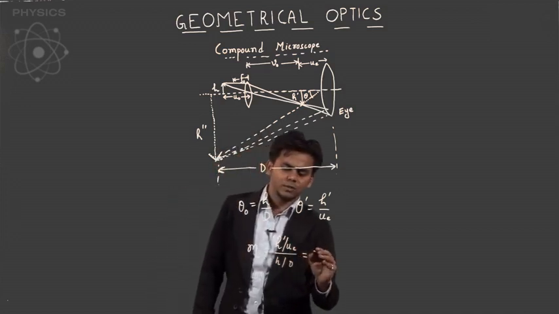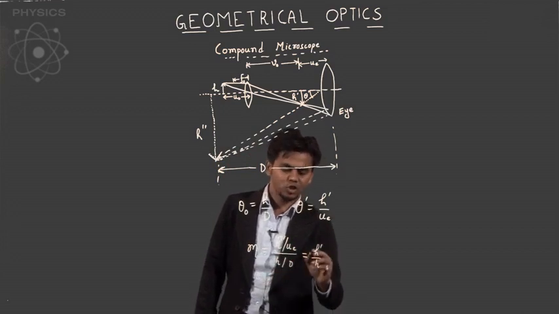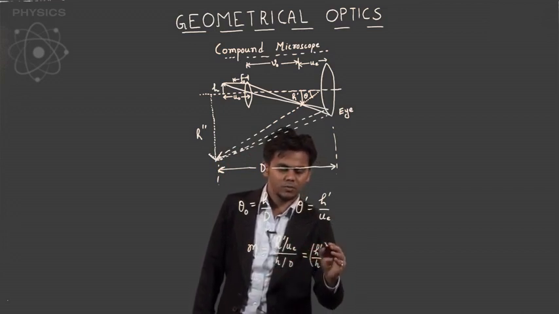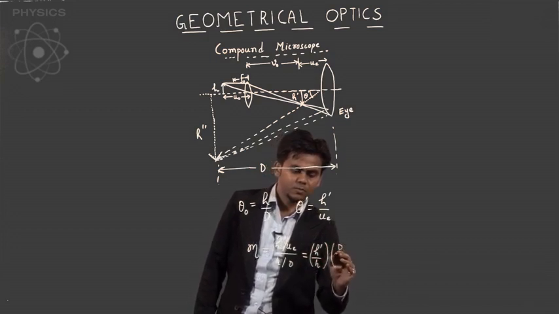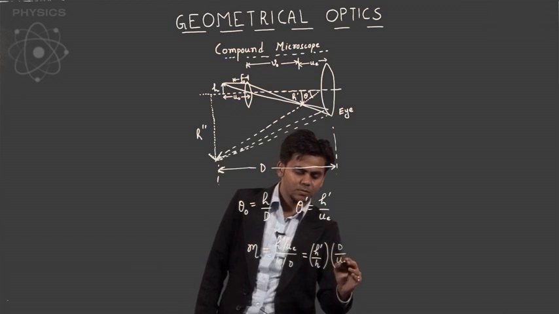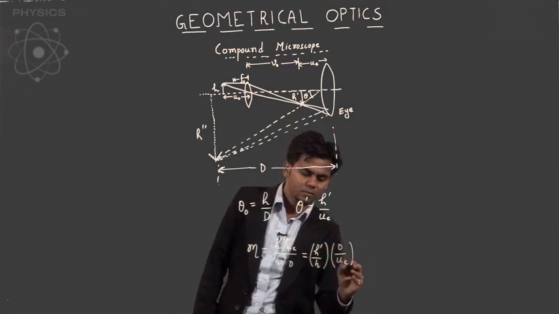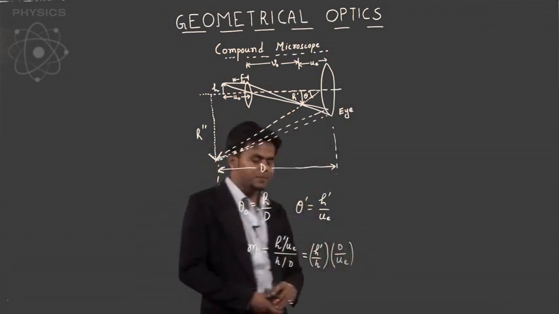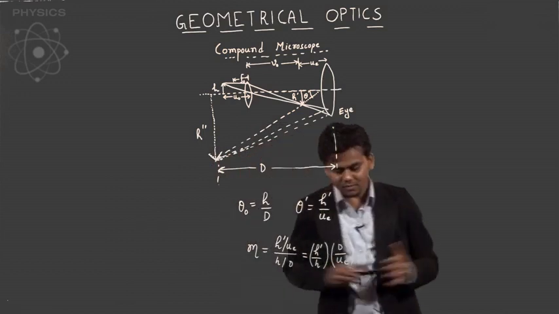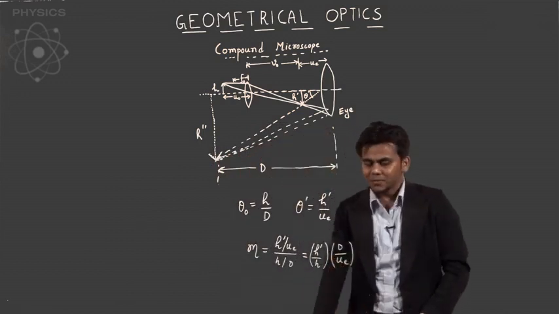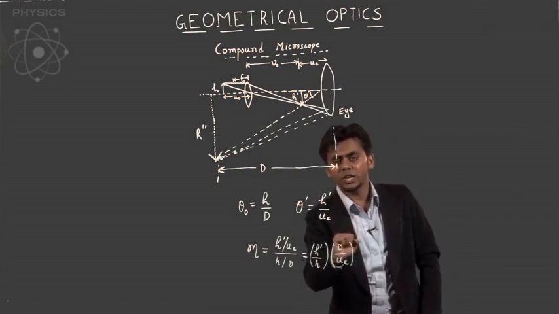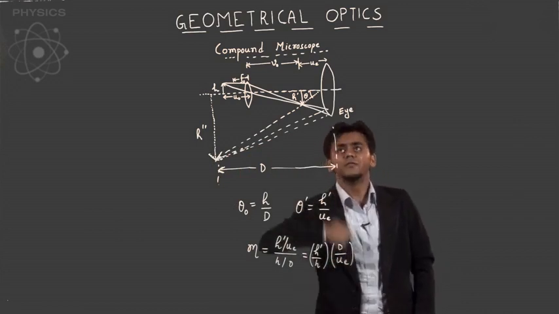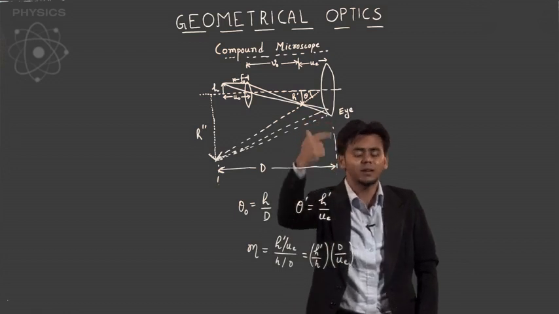That would give me h prime by h into d by UE. Now if you're careful enough, you'll understand that d by UE is similar to the case of a simple microscope. So this is the magnification produced by the simple microscope, which the eyepiece is behaving like one.